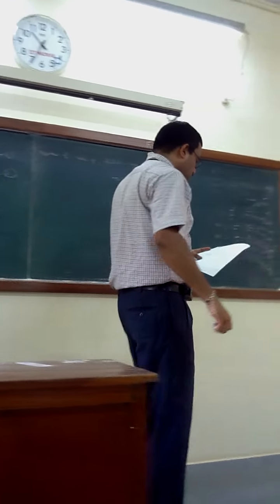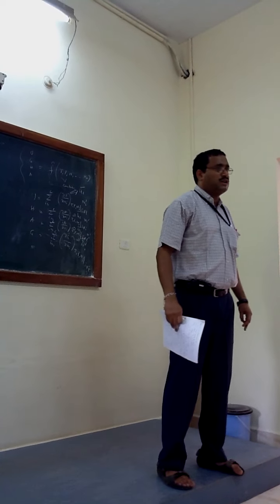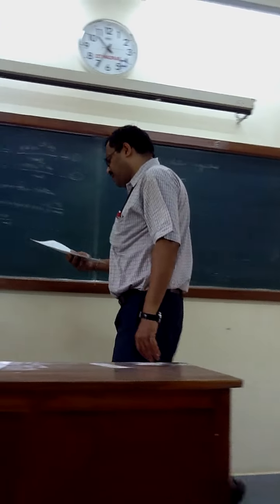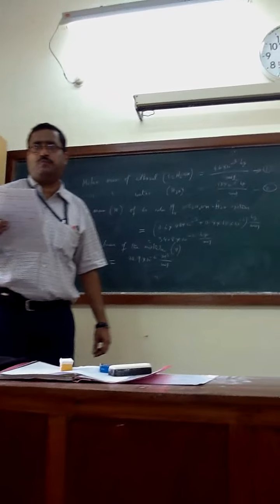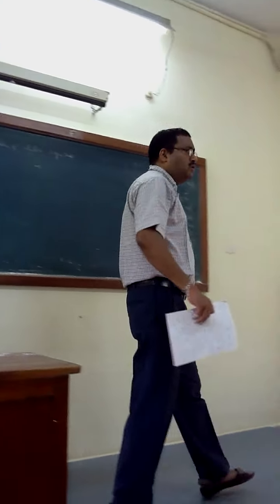How much mole? 3 meter cube by total mole volume. What is meter cube per mole? 40.9 × 10^-6 meter cube per mole, right? So if you divide meter cube by meter cube per mole, you will get the number of moles.